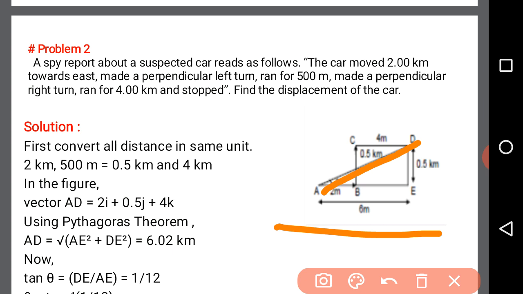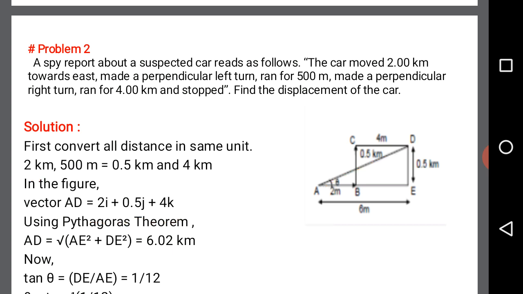So 2i means it goes 2 kilometers first towards east, then takes a turn. That means it has completed the rectangle. So you can describe vector AD. AD is the resultant, so that will be equal to 2i cap plus 0.5j cap plus 4k cap.